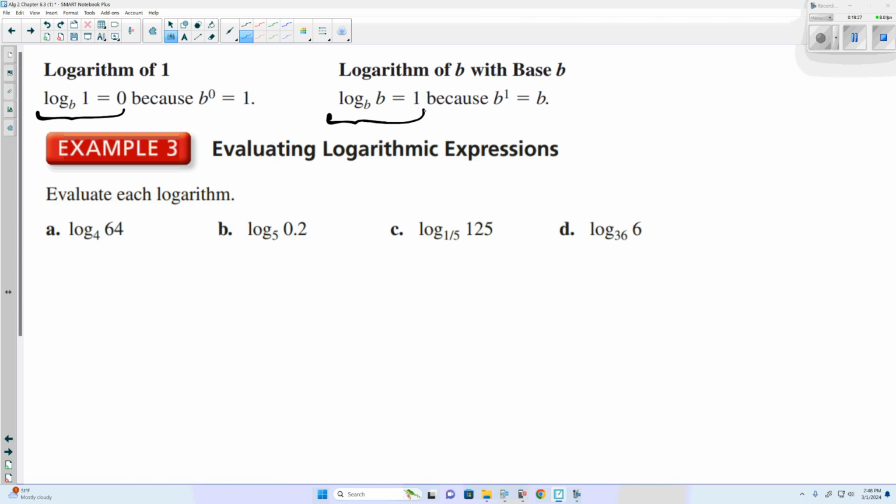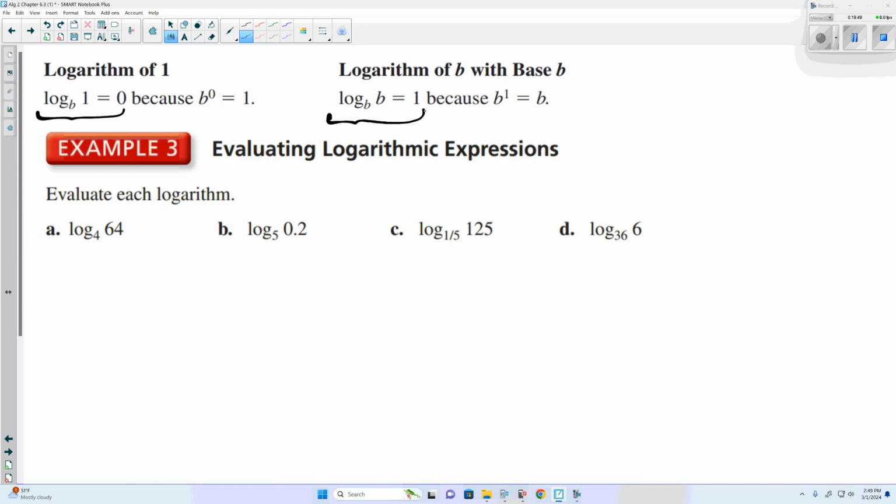Now there's two key pieces of information. We won't use them so much now, but they are good to know. One of them is log base b of 1. Log base b of 1 is always 0. I think in academics we talked about this.